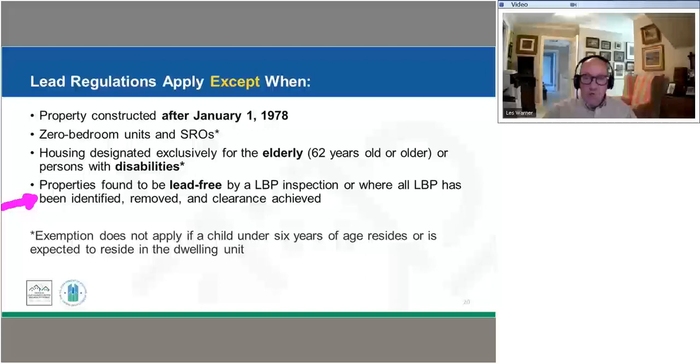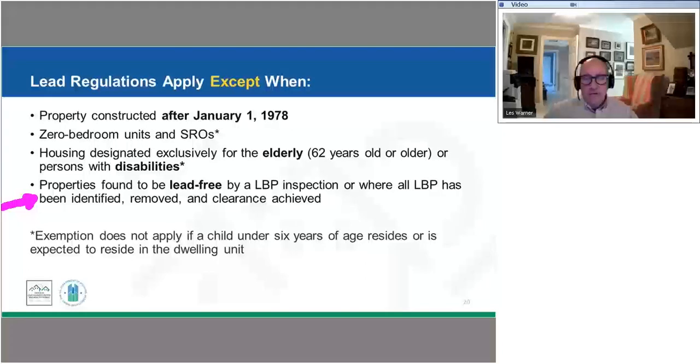But going through that list of exemptions, including asking the question of, is this a property that has been inspected and found to be lead-free? We'd want to see that documentation. Or in the case where it has had an abatement where they actually removed the lead and it's now lead-free, as opposed to an abatement where we still have some lead that's been contained.